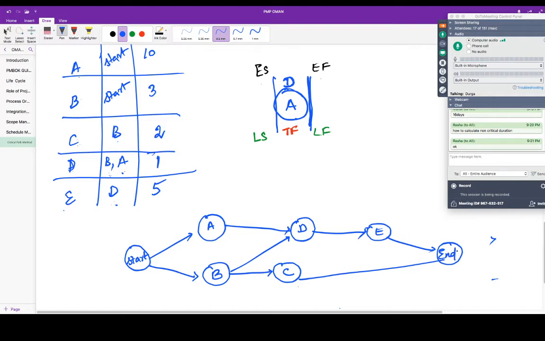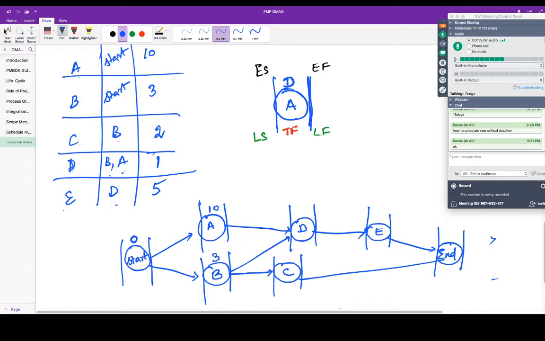When you say a milestone, what is the duration of a milestone? 0. Correct. For start and end, the duration is 0 because it's not an activity, it's just a milestone. So put the durations. For start it is 0. For activity A, 10 days is the duration. For activity B, 3 days.